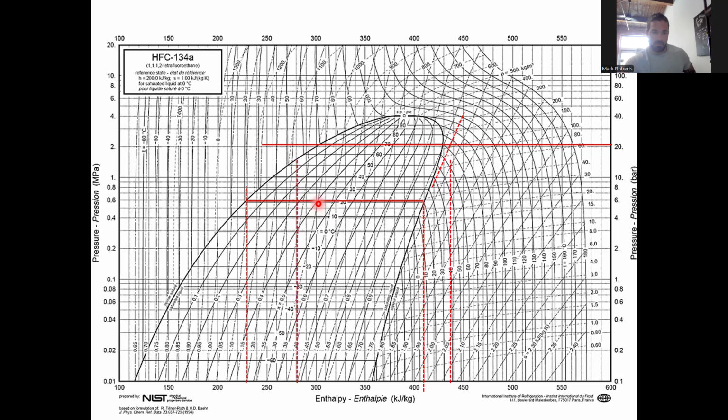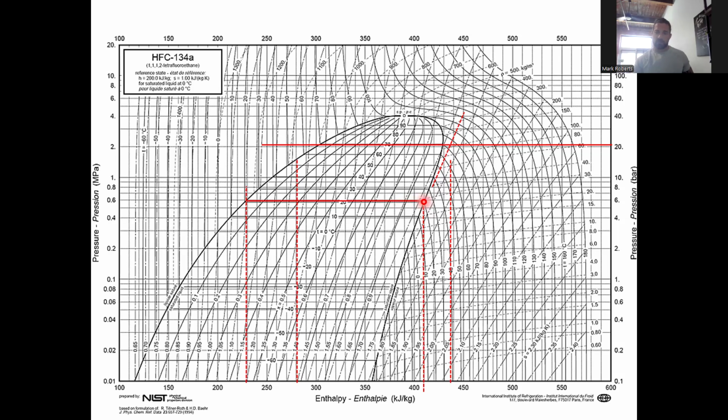So some of the liquid will evaporate, and this will be liquid and vapor right here. This is colder than the inside of the refrigerator, or for AC, colder than the inside of the house. So this is what's used to pull heat out of the house or the refrigerator as it evaporates to a saturated vapor.